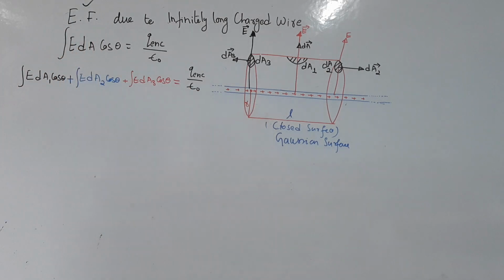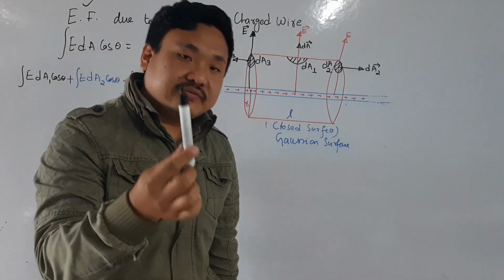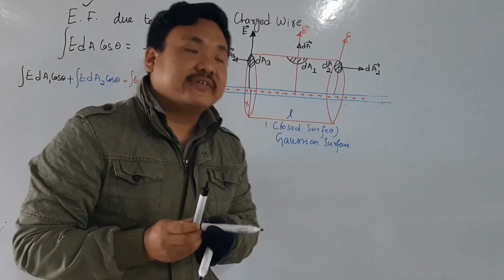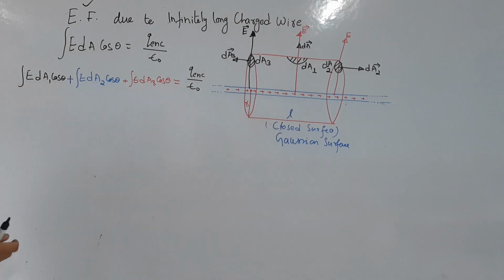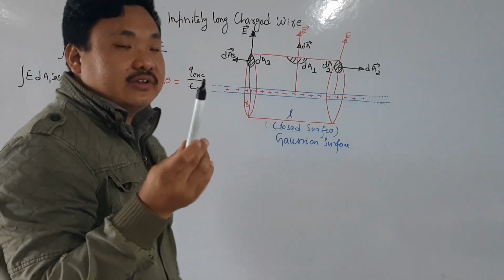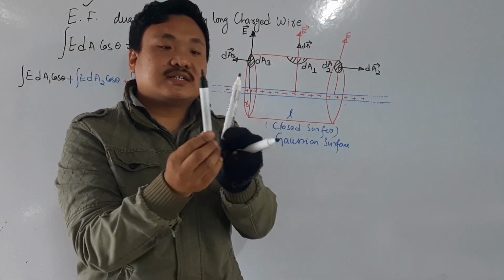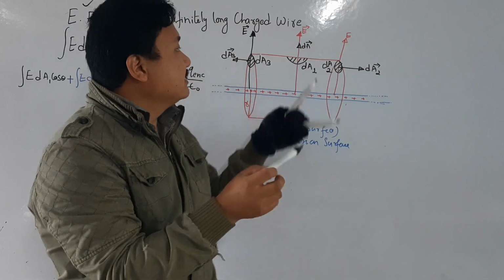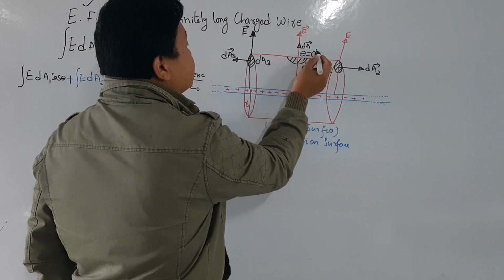Now what is theta? Theta is the angle between the electric field and the area vector. In dA1, the electric field is in this direction, the area vector is also in this direction. What is the angle? Here theta is equal to 0 degree.